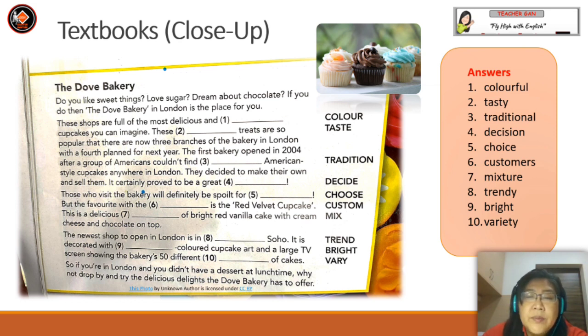Okay, number 8 will be trendy Soho, number 9 will be decorated with bright colored cupcakes art. Okay, number 10 will be 50 different variety of cakes.